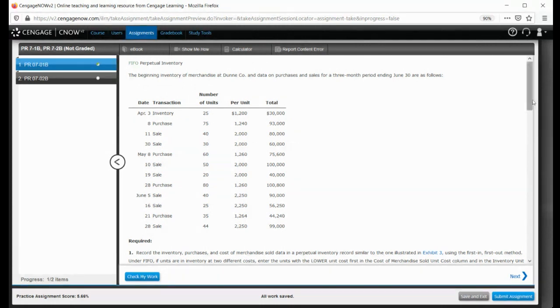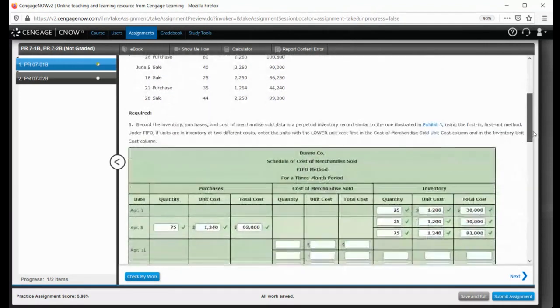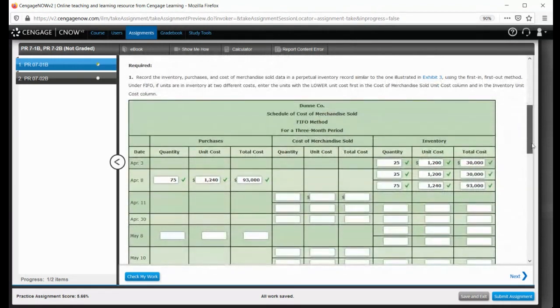So in our journal, we're still going to create two journal entries, but in our perpetual inventory cost card, we are just showing the cost of our inventory that we have sold during this period of time.